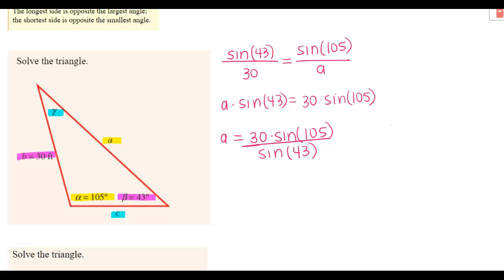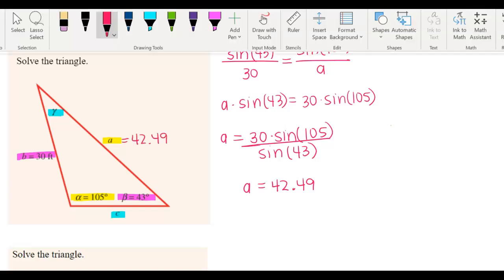Put that in your calculator, making sure it is in degree mode, and you should get that a is equal to 42.49. So we can go ahead and label that.